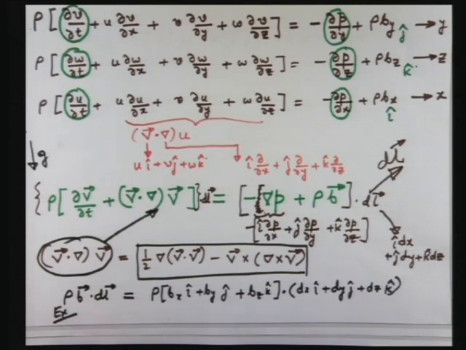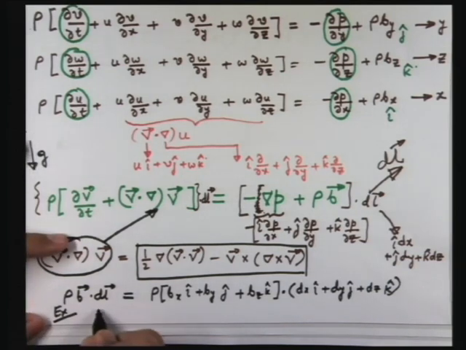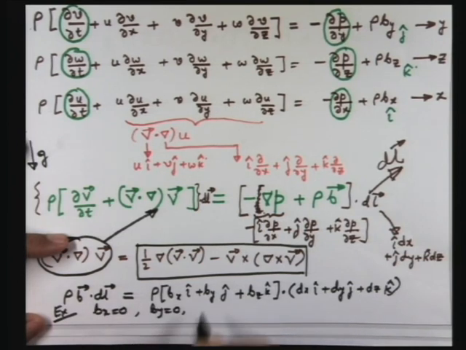So gravity is acting along the negative z direction. Then you have bx equal to 0, by equal to 0 and bz is equal to minus g.